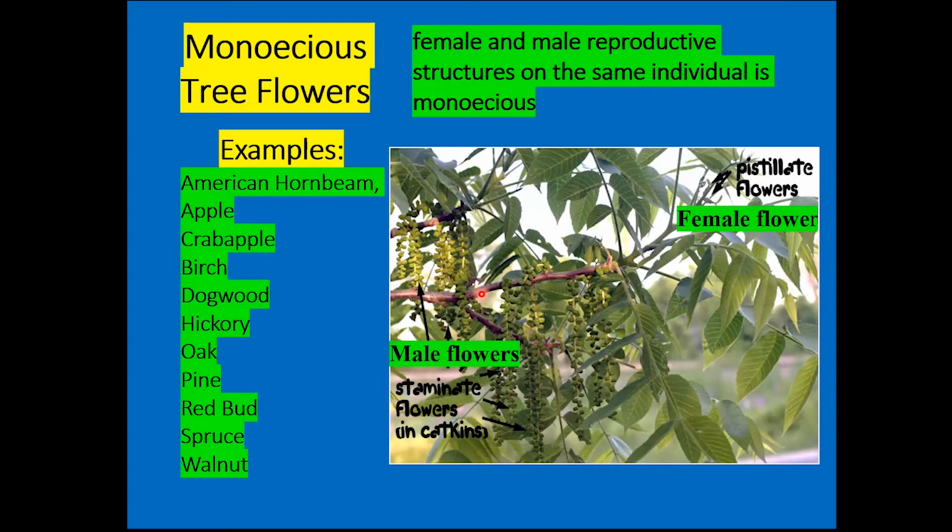So you see there's a female flower over here, there's a male flower over here, and it doesn't necessarily mean that this pollen will make it over to this flower. A lot of times these aren't synchronized, and so the pollen of another tree will have to make it over to this flower. Like I said, there are literally every combination you can think of in the world of plants.